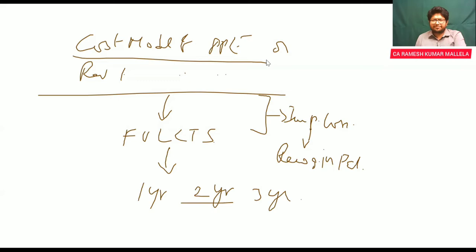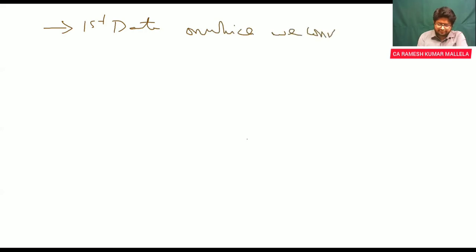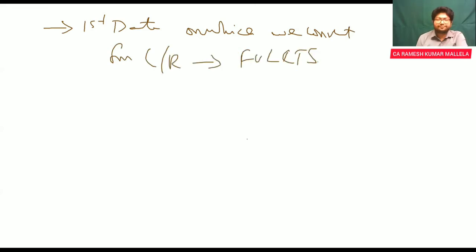When this is the situation, you are supposed to observe how I will be recognizing the asset on every balance sheet date. So that means on the first date on which we convert from cost or revaluation model to FVLCTS, recognize impairment loss.